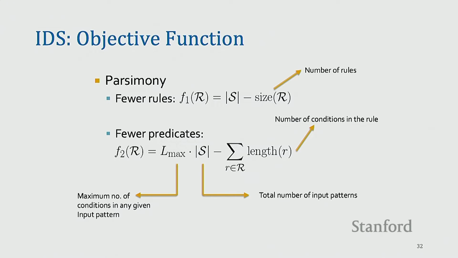The first criterion is that we favor fewer rules. So we want to either minimize the number of rules, denoted by size of R, or maximize the negative of that. That's the expression you see there. Also, fewer predicates, which is the number of conditions in the rules, should be smaller. So we want to minimize that or maximize its negative.